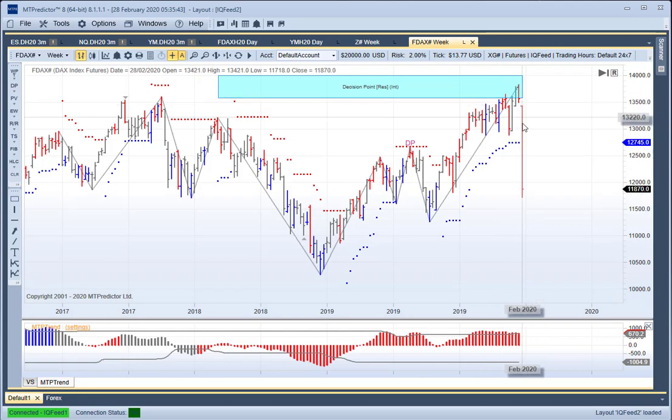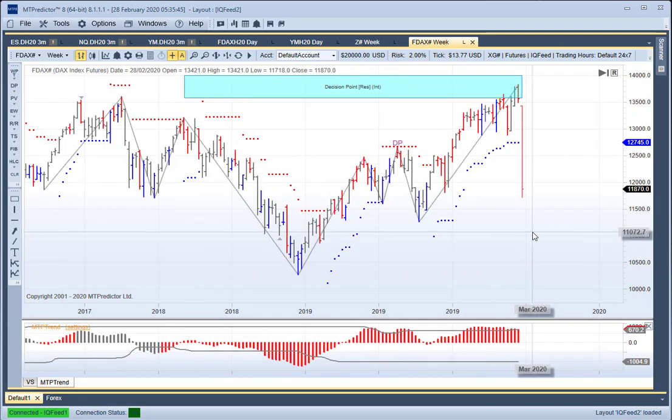So even though this decline has come in here quite sharply and has been attributed to the coronavirus scares across the world, technically there were early warning signs that this was an area where a reversal was likely to happen.